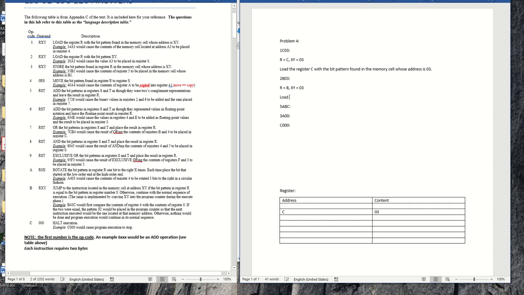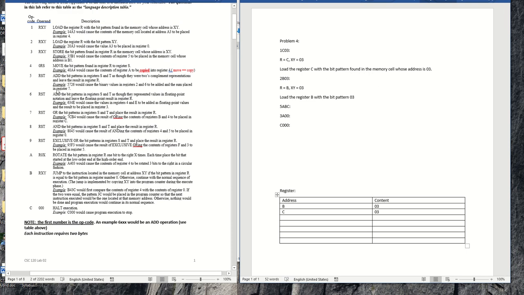So this says load the register B with the bit pattern 0, 3. So this is telling me that here's my bit pattern, and I don't have to do anything else. So now I know register B has a bit pattern of 0, 3.